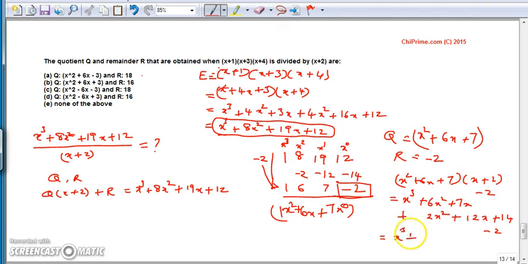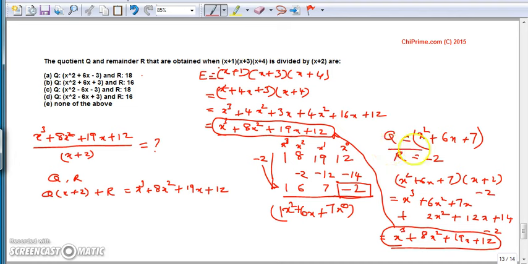And collecting terms, we get x cubed plus 8x squared plus 19x plus 12, which is exactly what we had earlier. So we know that our division was done correctly. So here we have Q equals x squared plus 6x plus 7 and R equals minus 2.